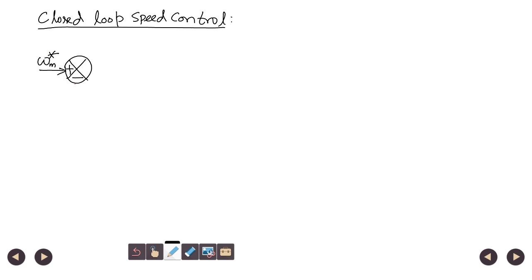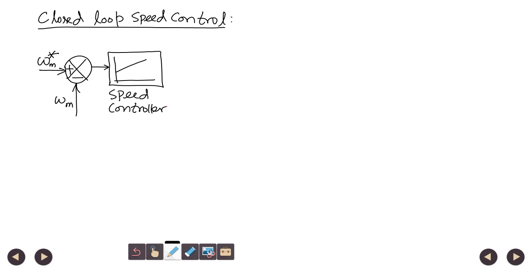Reference speed and actual motor speed are compared in a comparator. The speed error goes through a controller, which is the speed controller, and in this figure I have shown a PI speed controller.